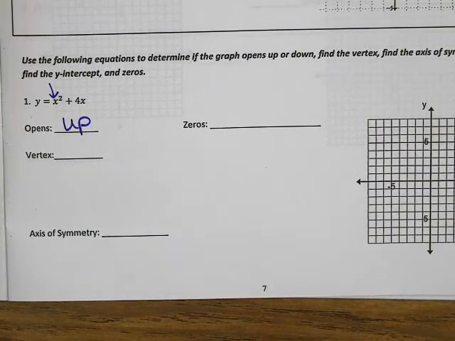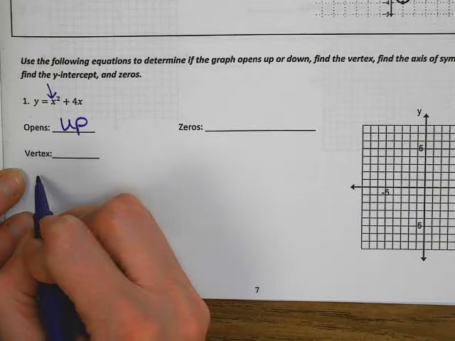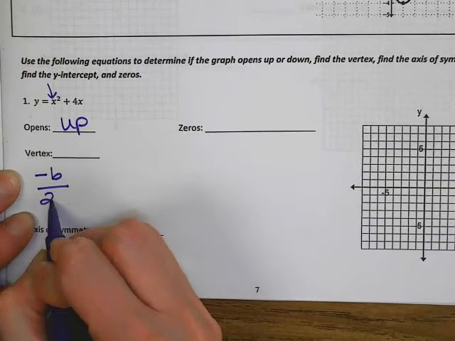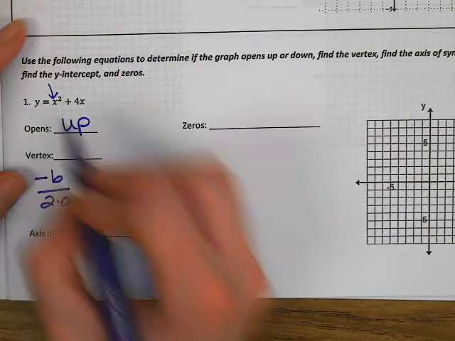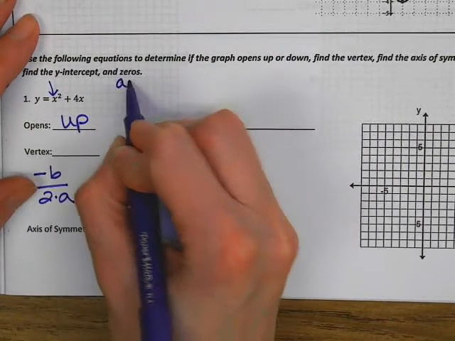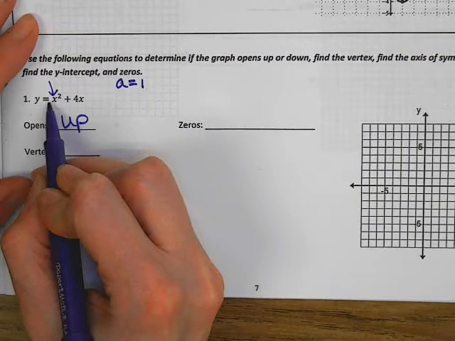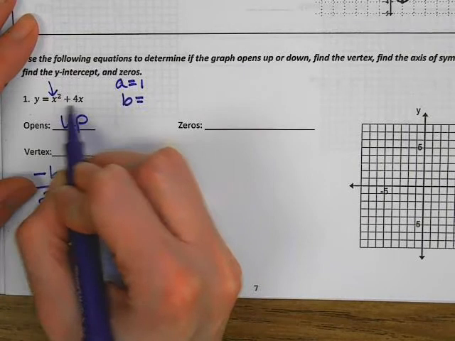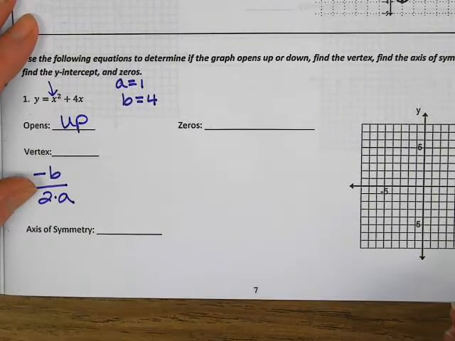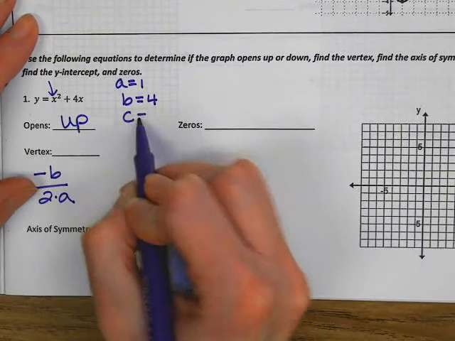All right, to find the vertex, we use the formula negative b over 2 times a. All right, let's maybe make a list of what a and b are. So in this equation here, a is 1, because a is the leading coefficient. b is positive 4, and there is no c, so c is 0.